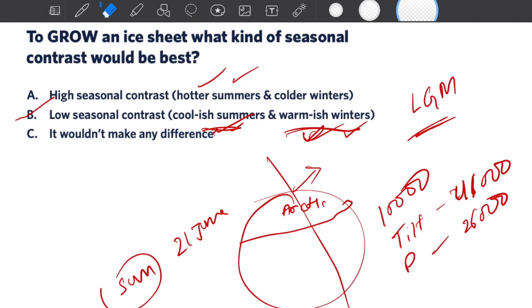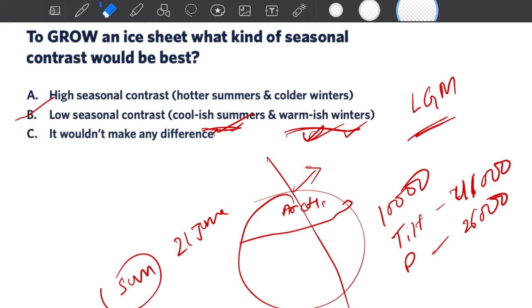Now the Arctic will feel summer, so during summer time the Arctic ice will melt if the summer is hotter in nature. During winter time, sea ice freezes again. So in this way the amount of heating and the amount of freezing is more or less the same, unless and until we put more carbon into the atmosphere. That carbon will start global warming, but we are not considering that over here.